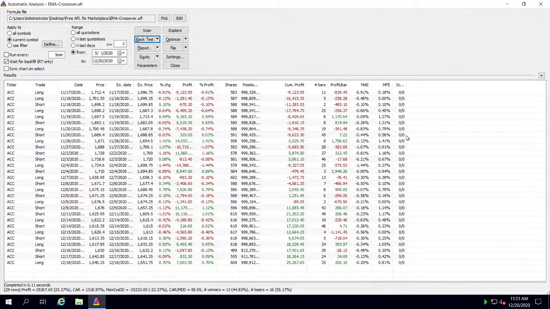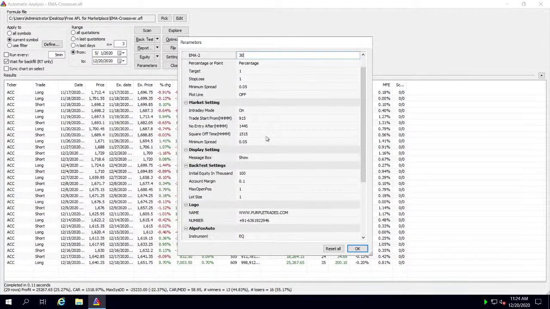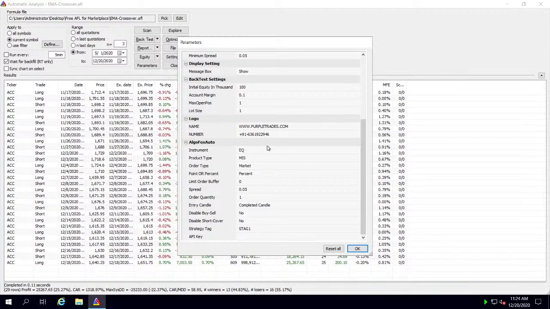Now by understanding a simple concept, moving average, I understand that moving average has given me a profit of around 25%. Now if I play around with the parameters, say instead of 20 and 50 I choose 10 and 30, and check what is the backtest report, I can also do that.